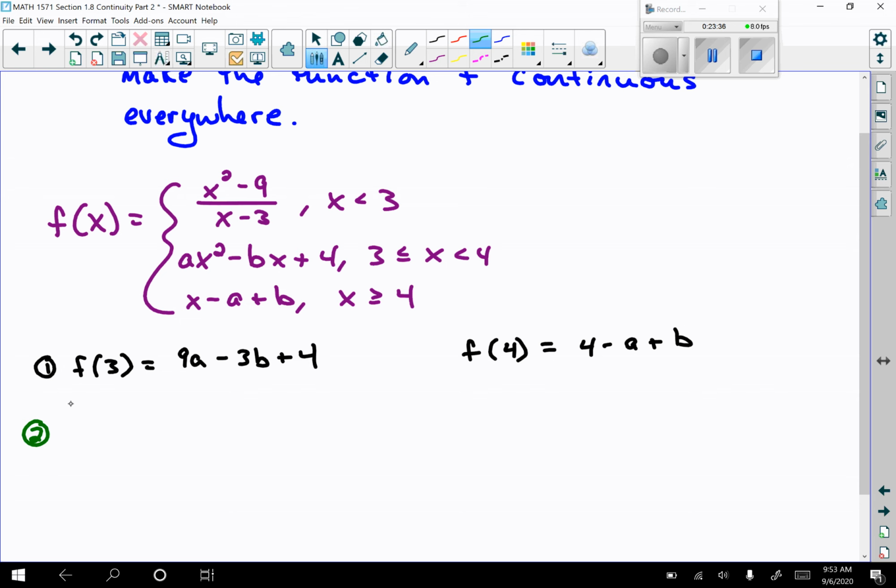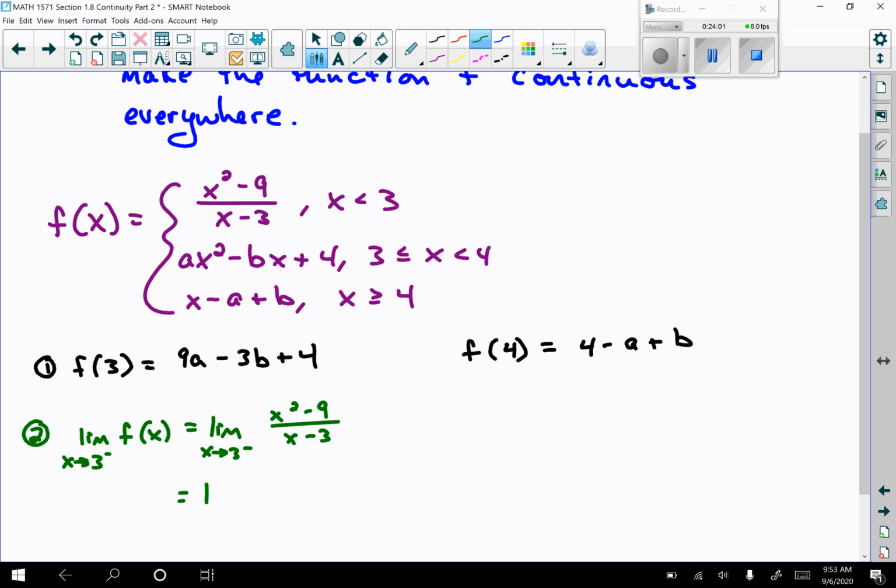All right, step 2 is about the limits. So I want to take a look at each one-sided limit here. For the limit of f of x, we'll start with x approaching 3 from the left. Three from the left means I'm using the top one up here. So this becomes the limit as x approaches 3 from the left of x squared minus 9 over x minus 3.